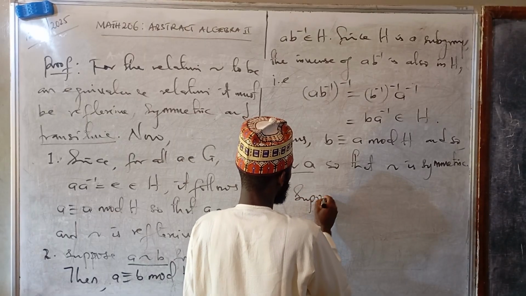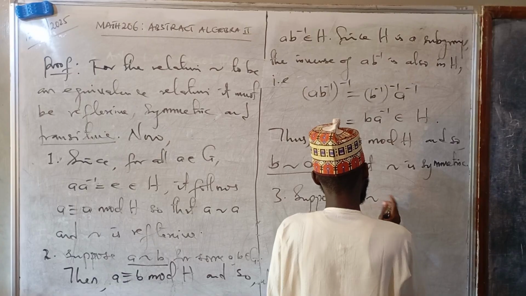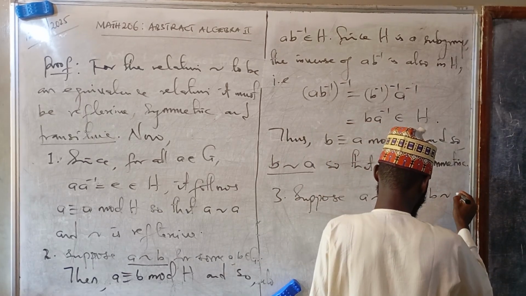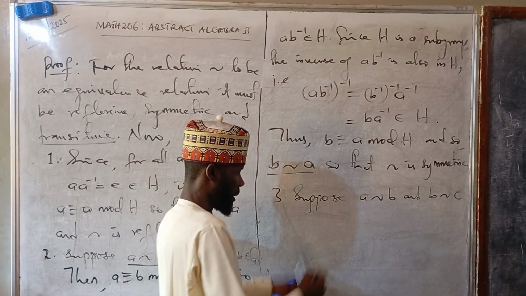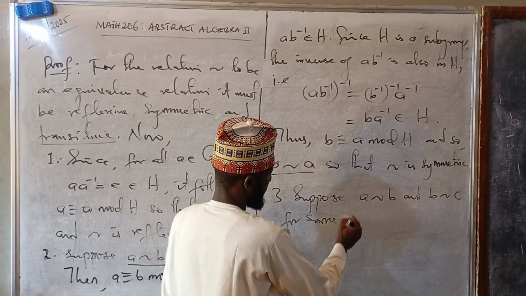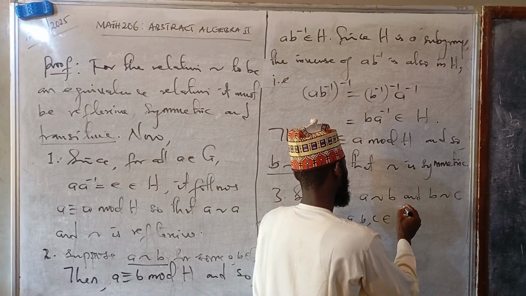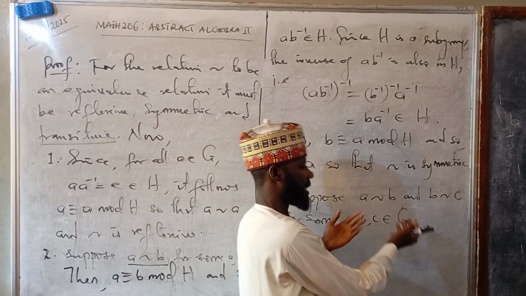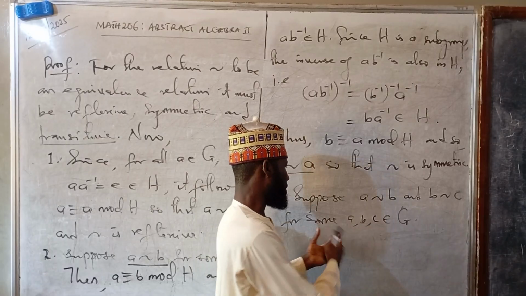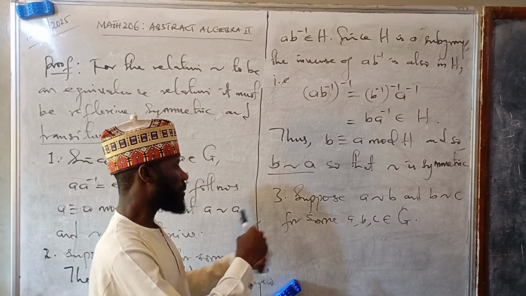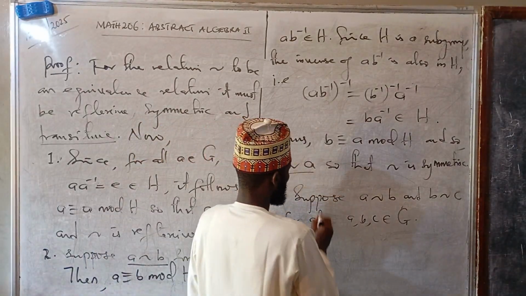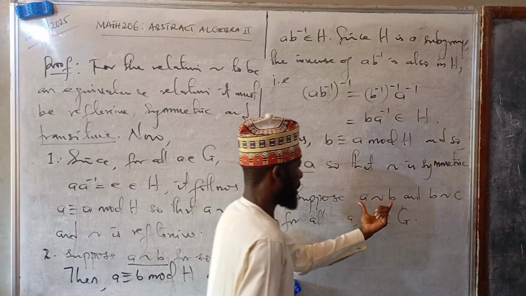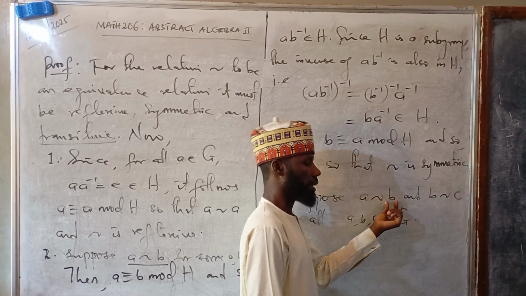Suppose that A is related to B and B is related to C. We need three points here, for all A, B, and C in G, the group, because the relation is defined on the group G. You have to check all triples where the first is related to the second and the second is related to the third.